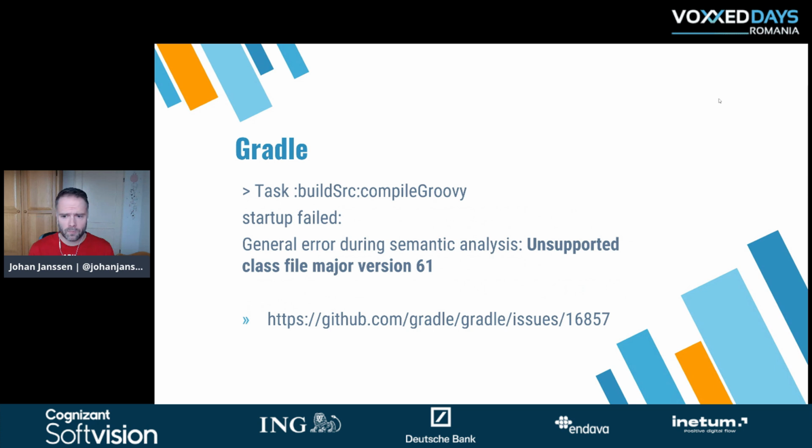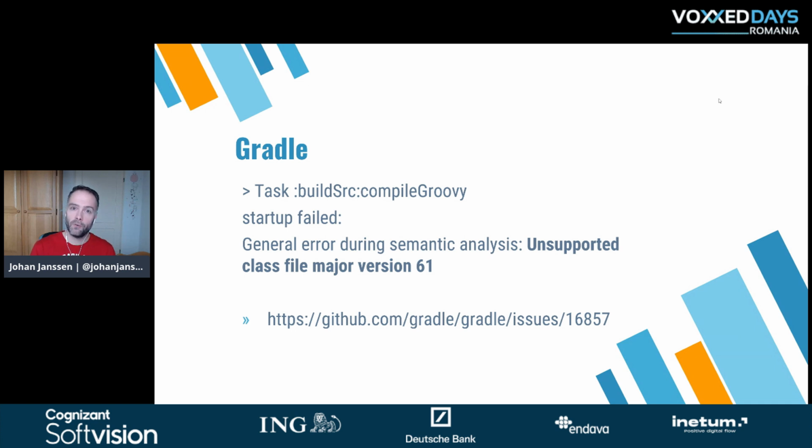For Gradle, it's actually interesting. I never really paid attention to that before migrating to Java 17, but Gradle is more tightly coupled to the Java version than Maven. So Maven supported early access versions of Java 17 already from the beginning. However, Gradle had some issues with that.